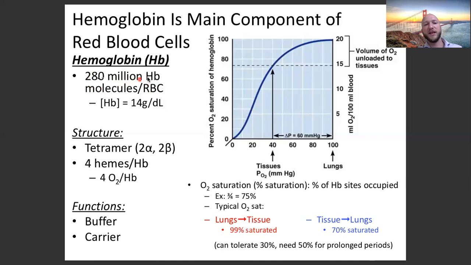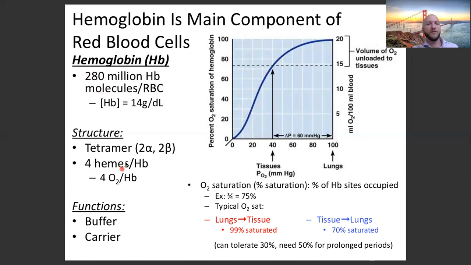So 280 million hemoglobin molecules, 25% oxygen saturation on all 280 million hemoglobin molecules. How many oxygen molecules are bound within that red blood cell?